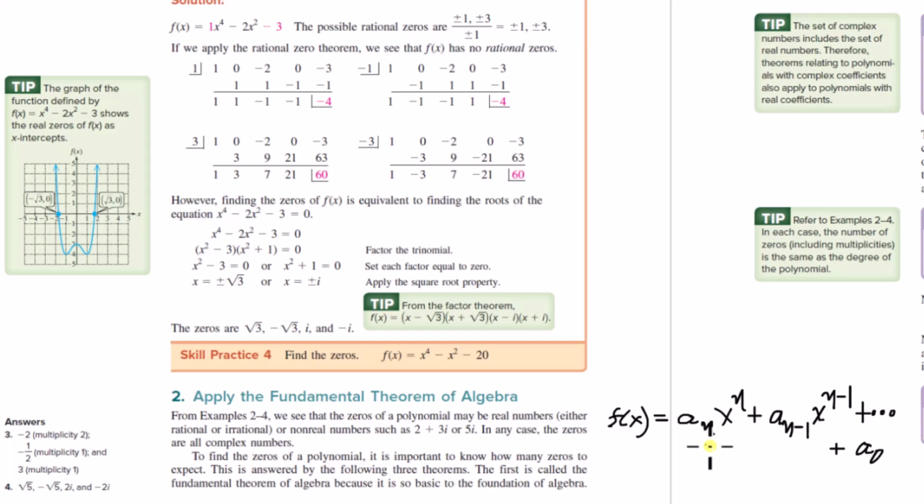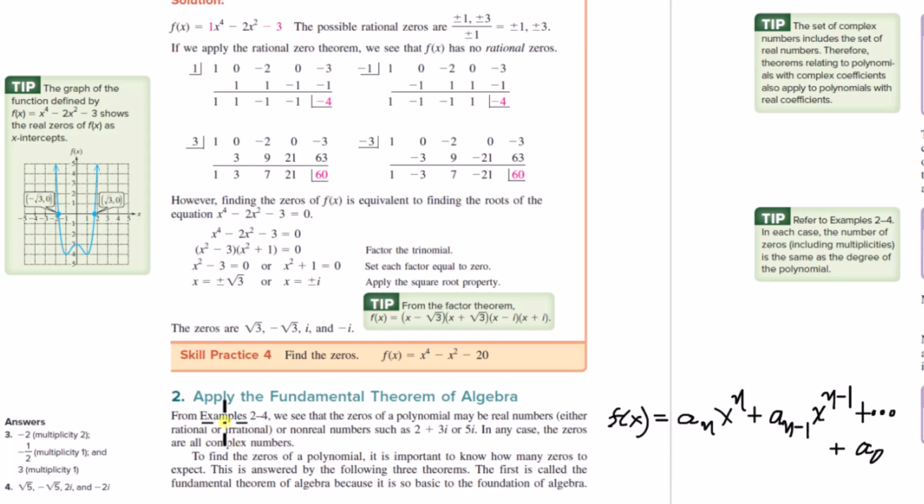Now, instead of these coefficients being restricted to only real numbers, for the most general case, we allow real or imaginary numbers for the coefficients. And similarly, instead of just allowing real number inputs for x, we allow real or imaginary numbers, so any input.